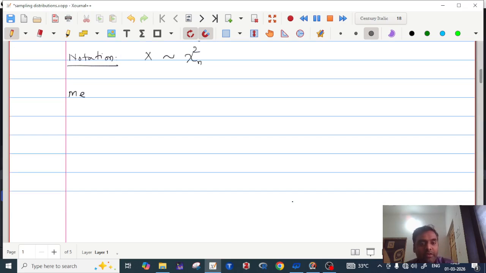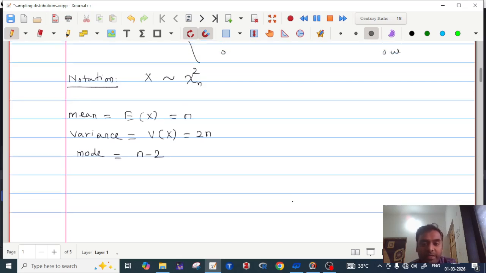So if x follows chi-square with n degrees of freedom, then its mean is n, variance is 2n and mode is n minus 2. So mean n, variance 2n and mode is n minus 2.